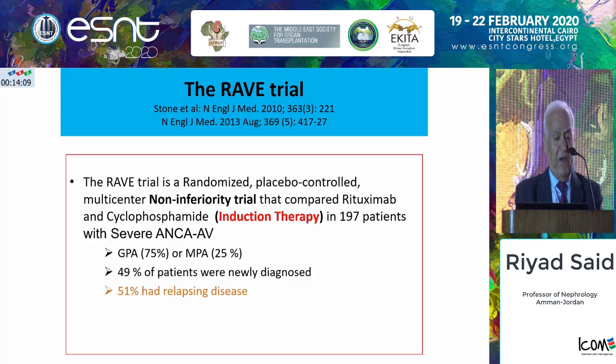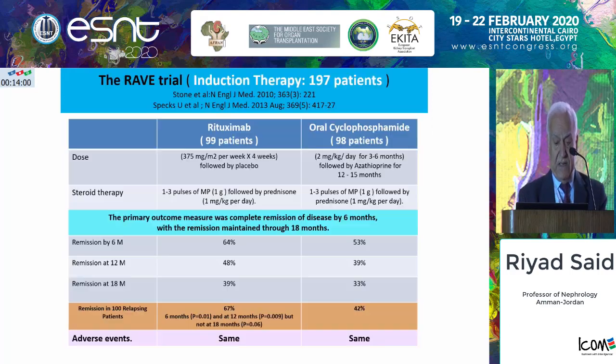Around 75% of them were GPA, 25% were MPA, and 51% of them had relapsing disease. As you'll see here, 99 patients were in the rituximab arm and 98 in the oral cyclophosphamide arm. All received the same steroid therapy, but rituximab was given at 375 milligrams per square meter weekly for 4 doses, and oral cyclophosphamide was given at 2 milligrams per kilo for 6 months, followed by azathioprine.